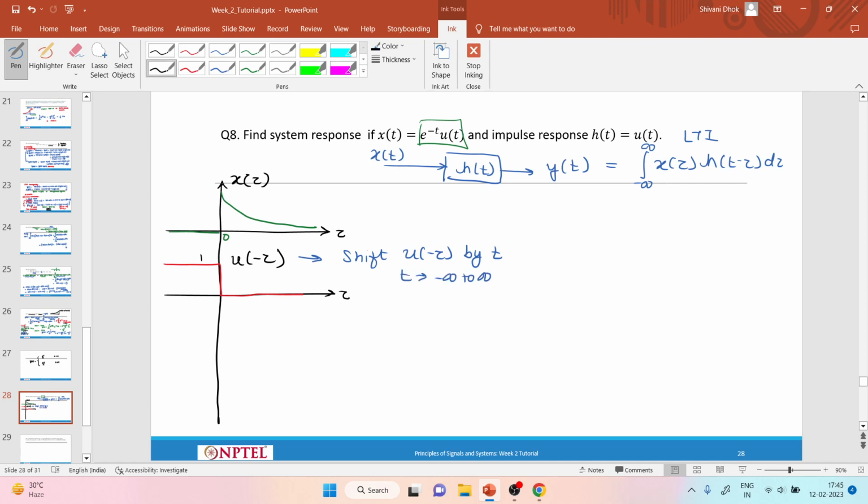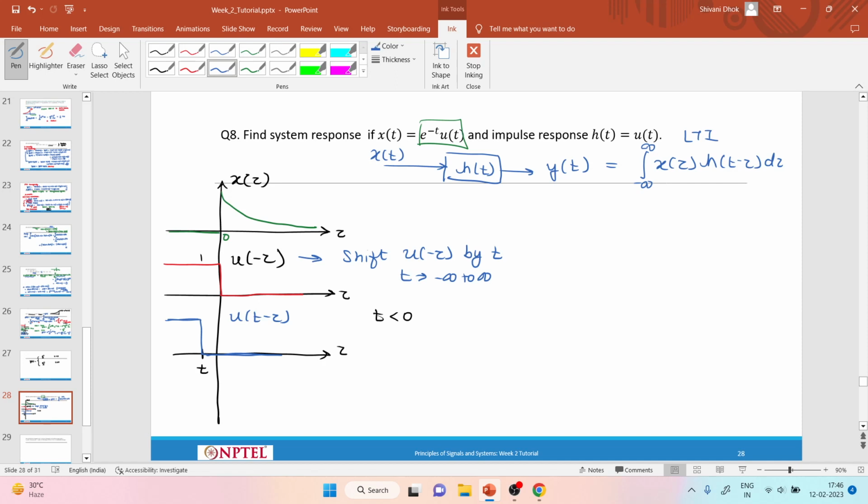So let us say in the first case my t is somewhere here, that is, my t is less than 0. So case 1 is t less than 0. The flipped and shifted impulse response will look something like this, and this is u of t minus tau.